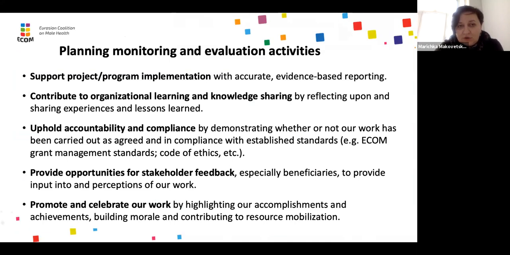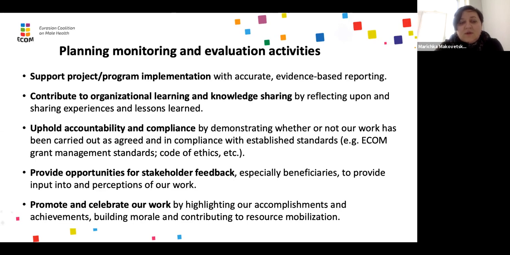When you're planning monitoring and evaluation activities, you should also understand that these activities will support your project implementation with accurate and, what is more important, evidence-based reporting. You will contribute to organizational learning and knowledge sharing, also for other organizations and your partners.